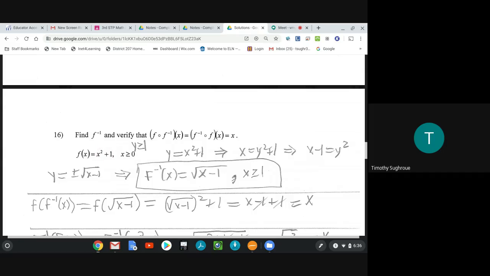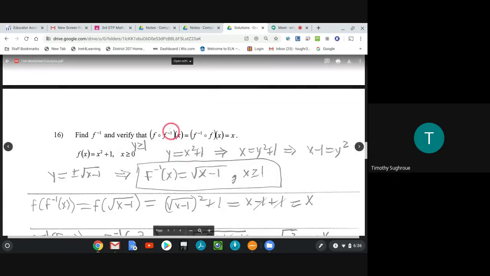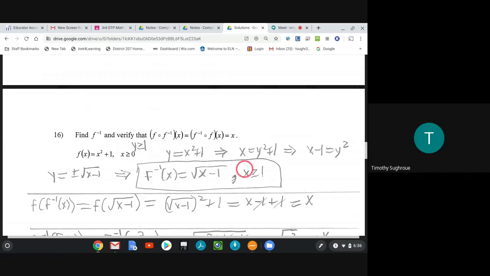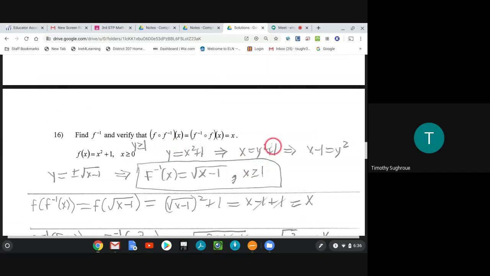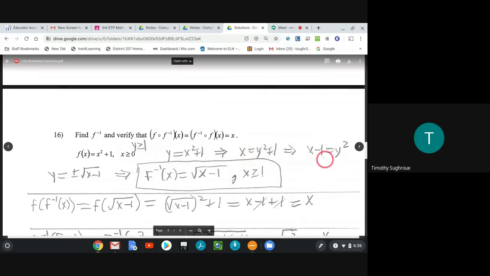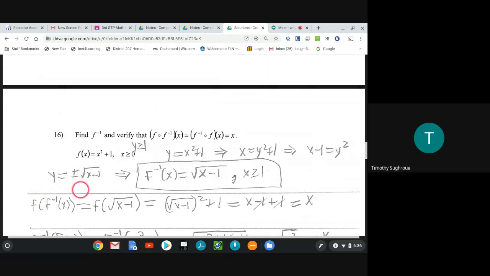Doing the same that we've always had, the same steps. Write it in terms of y. Switch x and y. Resolve for y by subtracting 1, taking the square root. The key here is, do I want the positive square root or the negative square root? Sometimes you want the negative. But on this problem, it is the positive.